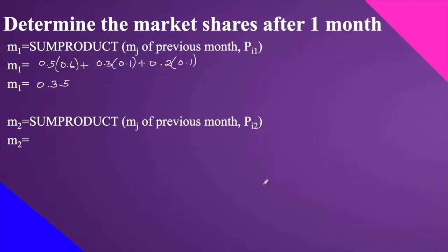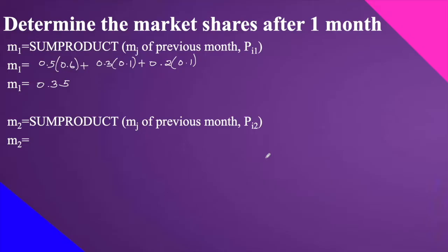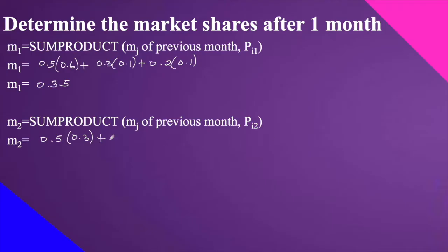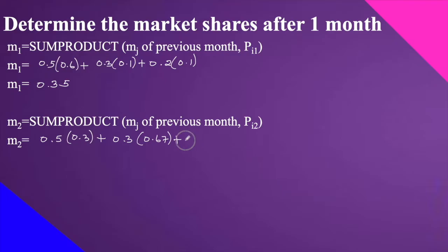For M sub 2, let's start with 0.5 times 0.3 plus 0.3 times 0.67 plus 0.2 times 0.3.